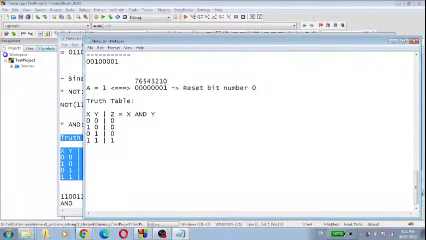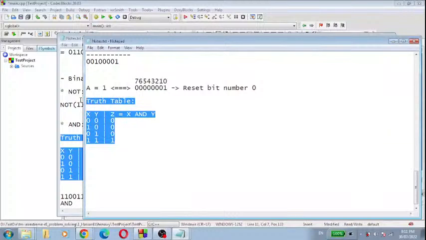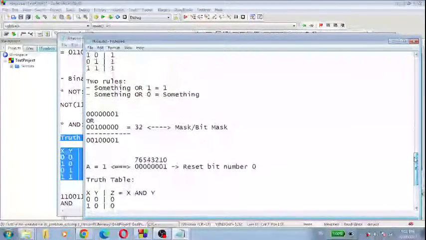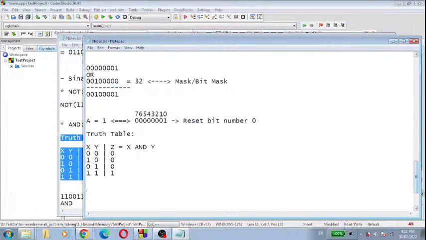Okay, now I have the truth table for the AND operation actually, and I'm going to write two rules like this here.